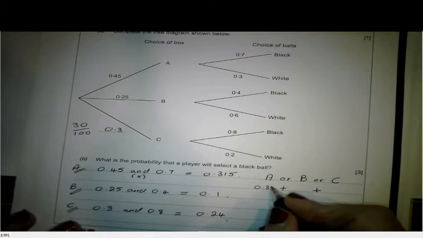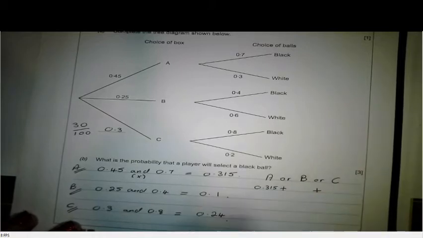So the probability of choosing a black ball from A is 0.315, or from B is 0.1, or from C is 0.24. So the probability of choosing a black ball from any box is the addition of those decimals, and that is 0.655. And that's the answer to the question.